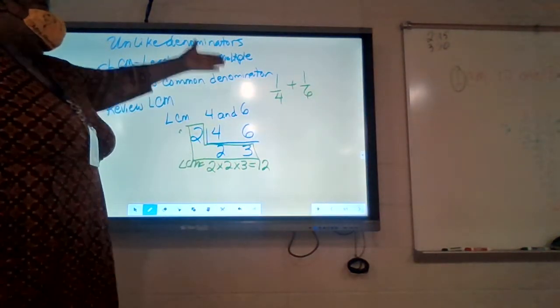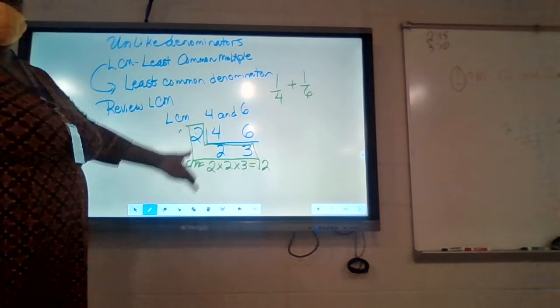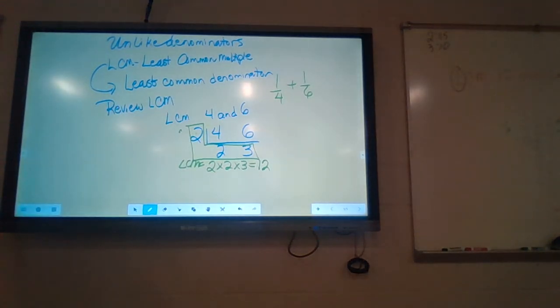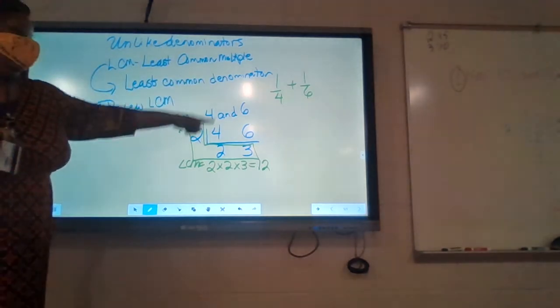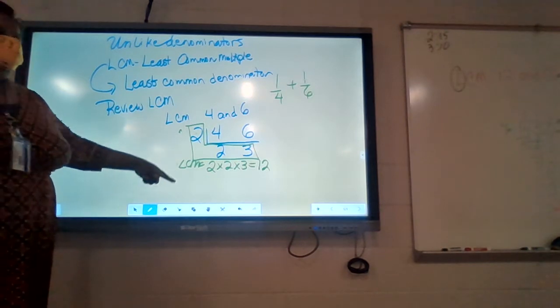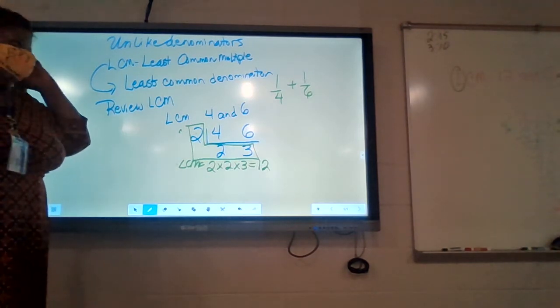I need both numbers on the bottom to be the same. You cannot add or subtract fractions unless the denominators are alike. So we have to find the LCM, which we already did. That'll be our math off to the side. And the more you do these, you'll do them in your head.